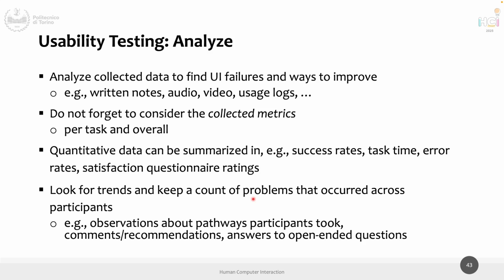And you can also look for trends and keep account of problems that occurred across participants. As I was saying before, you notice one participant doing something unexpected, and then the second participant doing the same unexpected thing, and that could be a question to ask in the debriefing session to understand why the first 2 participants did the same thing.